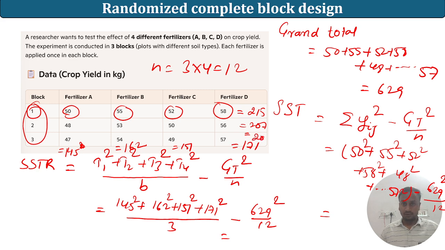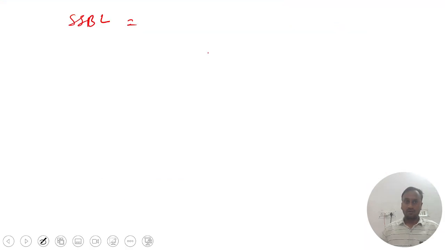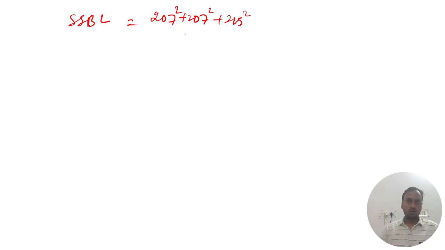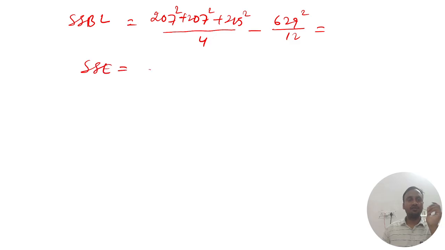Again 207. So we'll do 215 square, 207 square, 207 square, by 4, minus 629 square by 12. We'll get some value, SSBL. So what is the SSE? It will be SST minus SSTR minus SSBL.